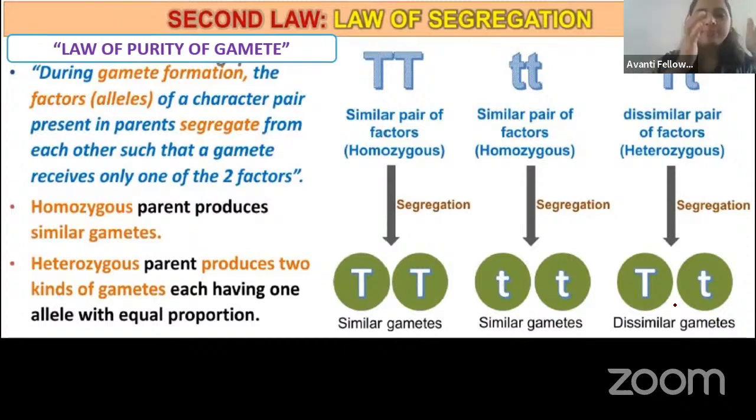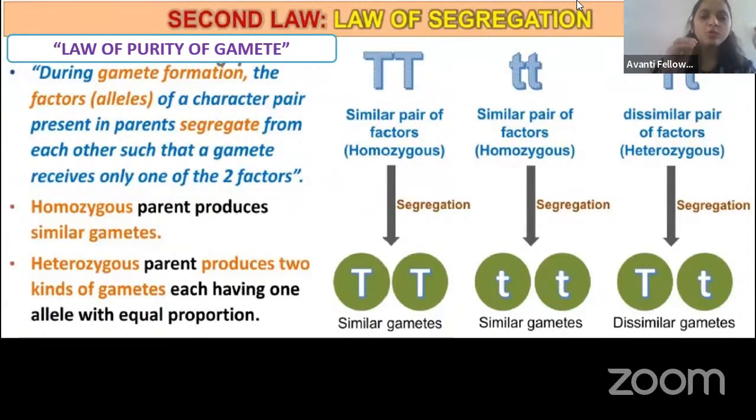Okay. For example, capital T, small t together is there. During gamete formation, what will happen? You know how to write the gametes of T. Can you tell me how to write the gametes of the heterozygote?